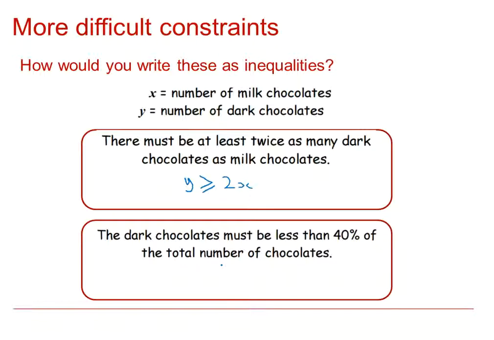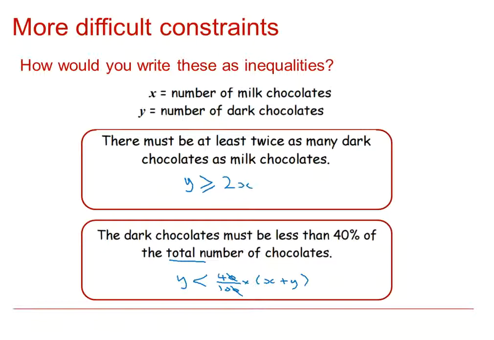Likewise, we've got to be careful with this next problem. The number of dark chocolates must be less than 40% of the total number of chocolates. So the number of dark chocolates, that's Y, must be less than 40% of the total number of chocolates, and the total number of chocolates is going to be X plus Y. You could simplify this constraint afterwards, but the main thing is the structure of it.